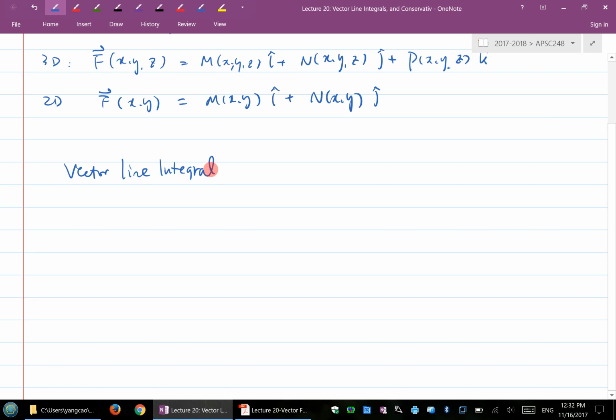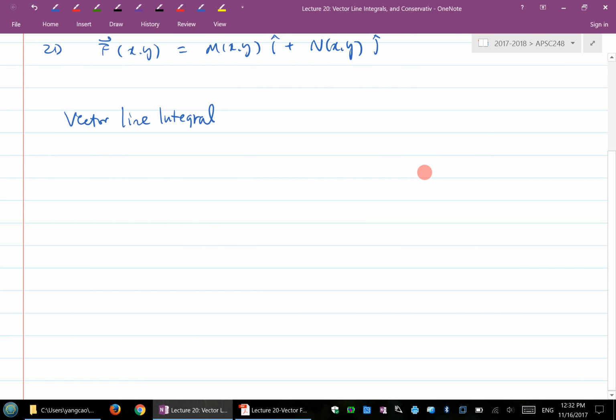I started with a very simple question: how much work you would do if you apply a force in a certain direction going a certain distance. Now I'm going to illustrate this with a more general question.